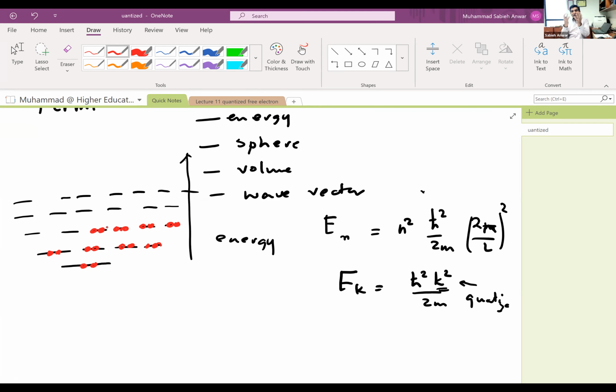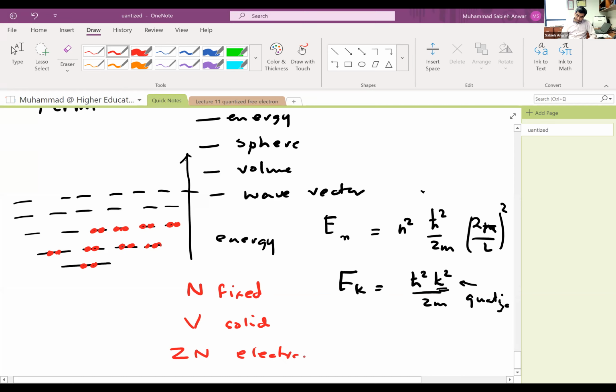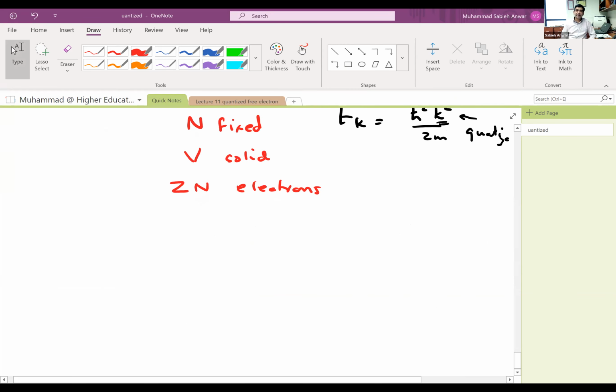So depending upon the size of the solid and the number of moles present inside the solid, I can determine how many free electrons exist. So N is fixed by the volume of the solid. N fixed means that ZN electrons exist inside the conduction band, or inside the Fermi sea, as it is called. Z is the valence of the atom.